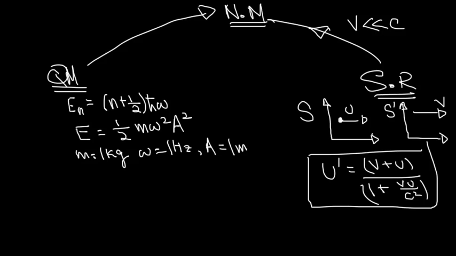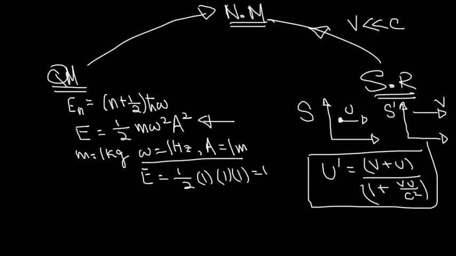So if we solve this classical formula with these variables, well, let's put it in there. So 1/2 times 1 times 1 times 1. You get 1/2, right?